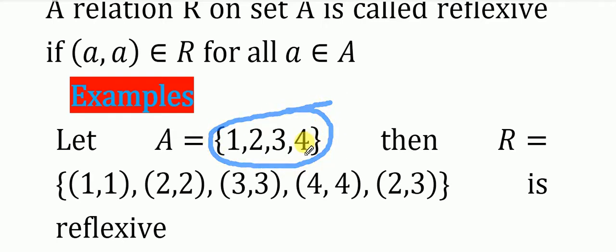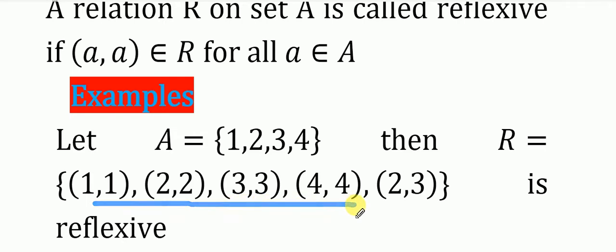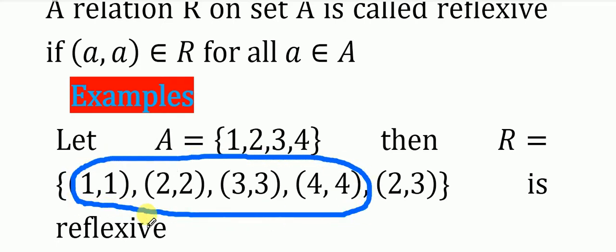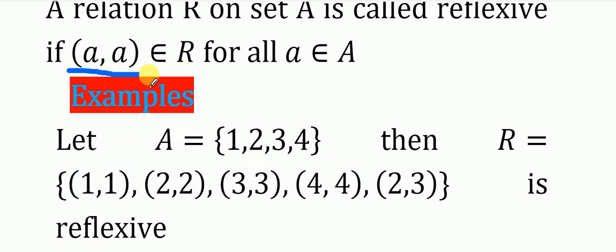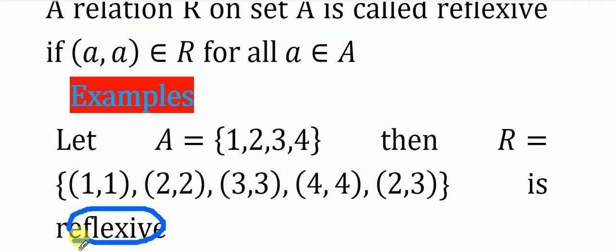If (4, 4) is not present in this R, then it is not a reflexive relation. So (1, 1), (2, 2), (3, 3), (4, 4) must belong to this R. Any other ordered pairs might be there, but this is compulsory, that is, (a, a) must belong to R for all a belonging to A. Such a relation is called a reflexive relation.